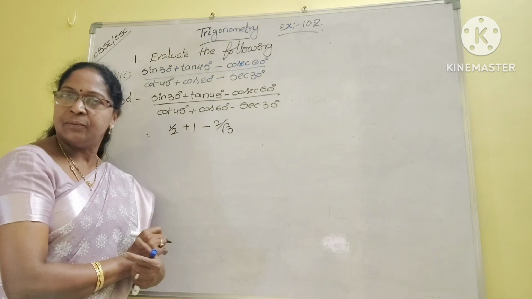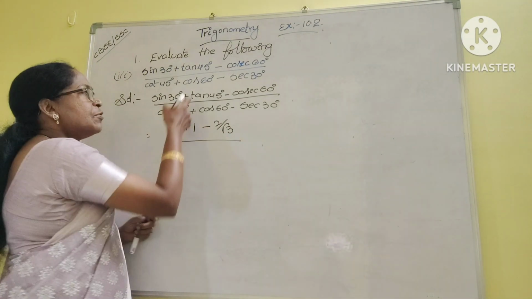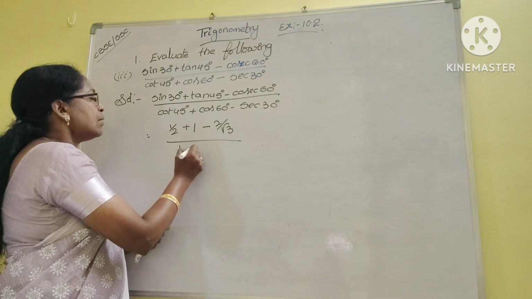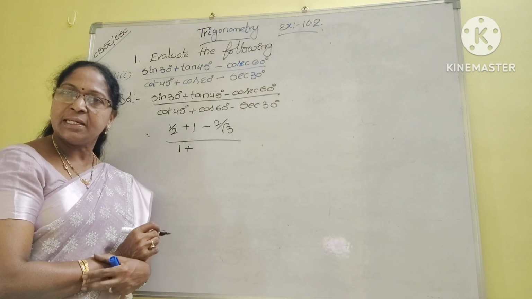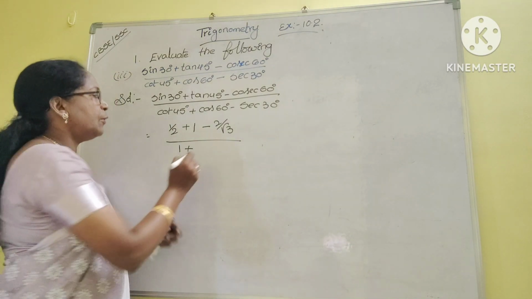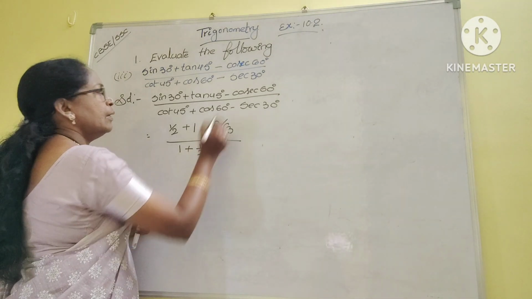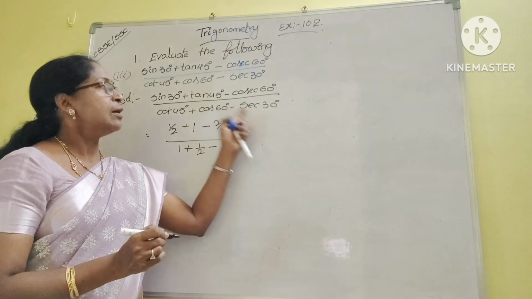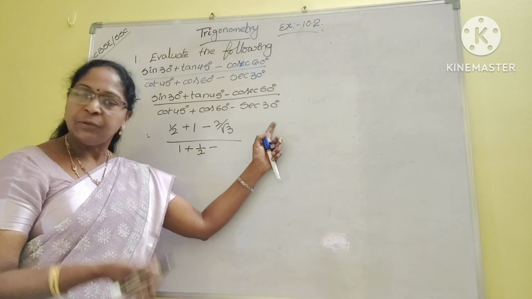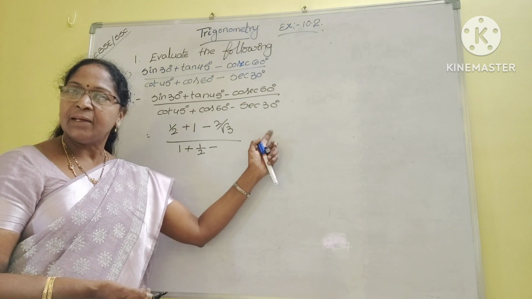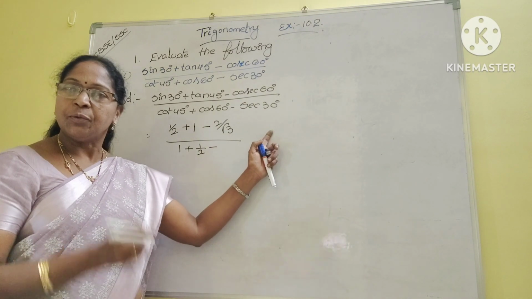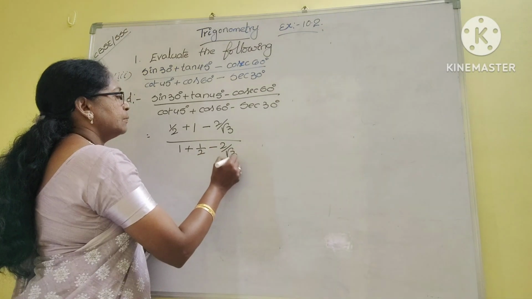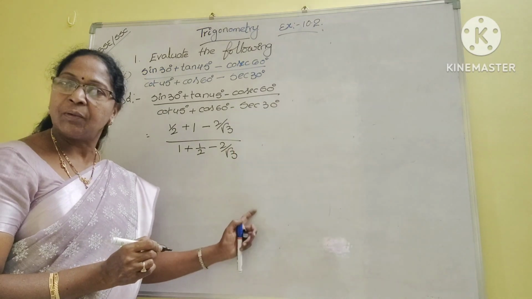Then 2 by root 3 divided by cot 45, where cot 45 is also 1, plus cos 60 degrees, where cos 60 equals 1 by 2, minus secant 30, where secant is the reciprocal of cos, where cos 30 equals root 3 by 2, so secant 30 becomes 2 by root 3. You just have to substitute all the values.